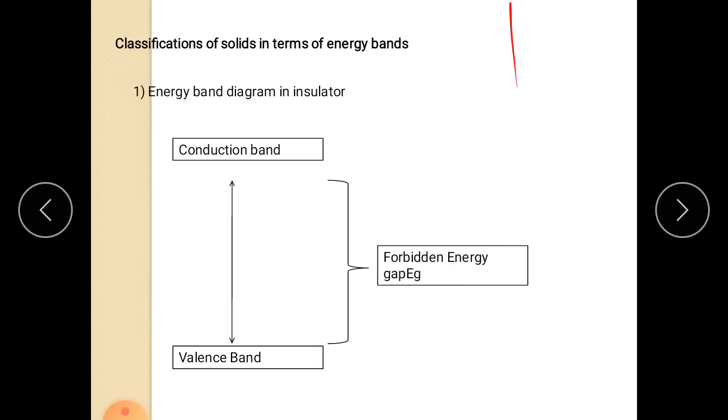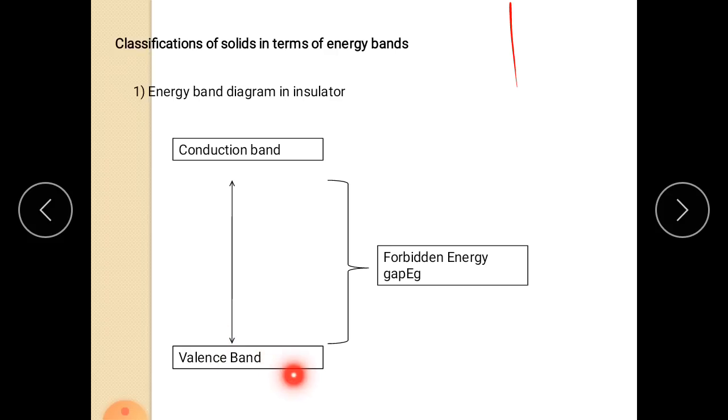So what is the valence band? The valence band is the energy band occupied by the valence electrons, meaning the outermost shell electrons. Hence it is called the valence band, since it contains the valence electrons. The valence band is the highest occupied band.